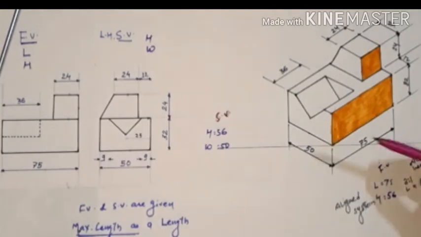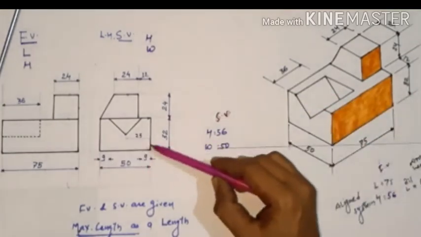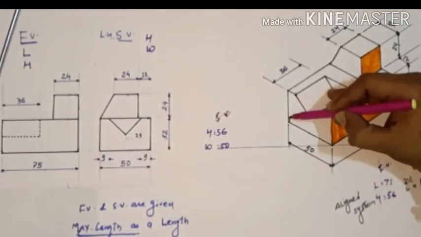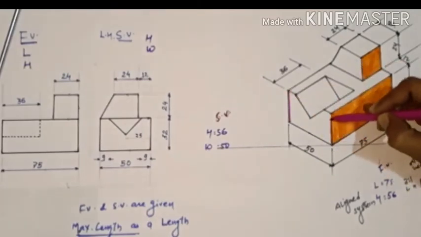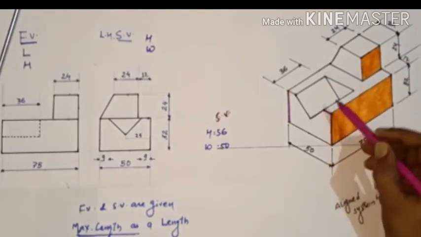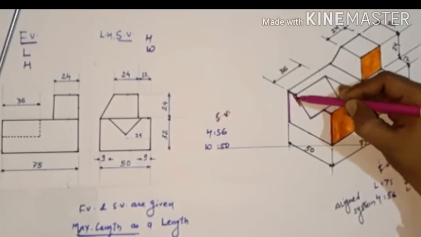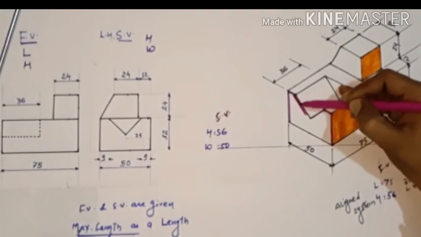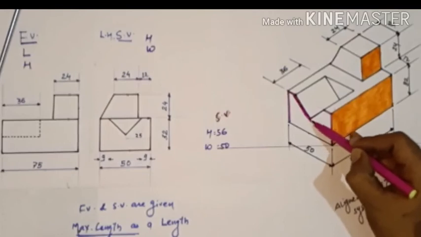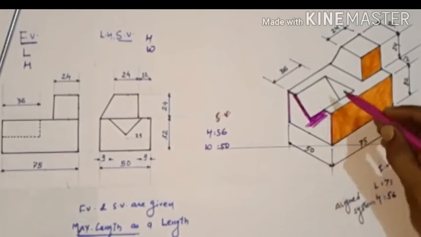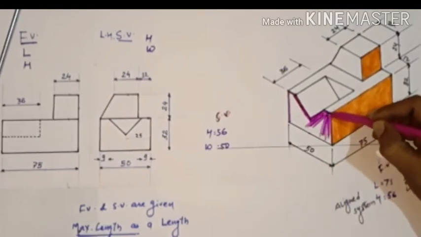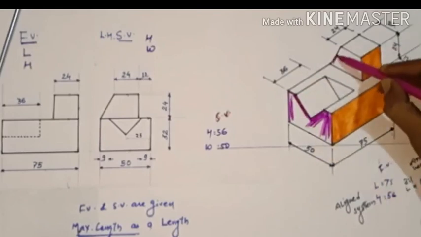Now I just color the object, the view of your side view. So this portion like this, from here. Okay, so this is your side view, complete this one and this one.